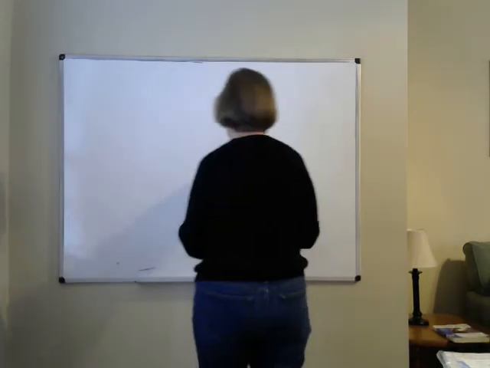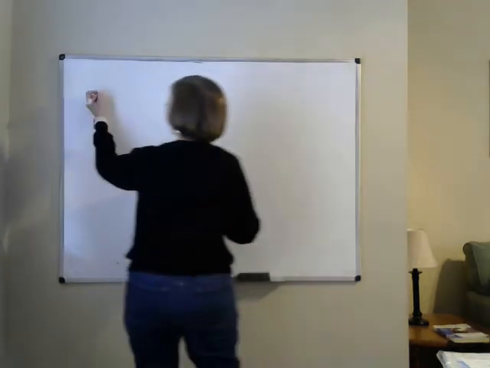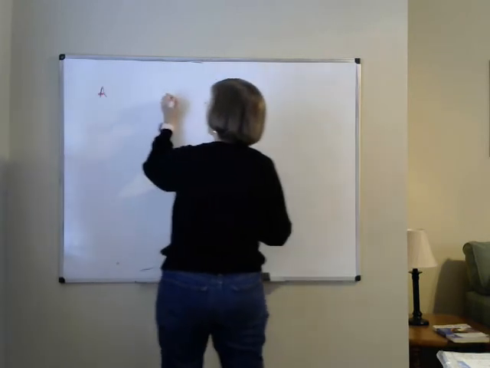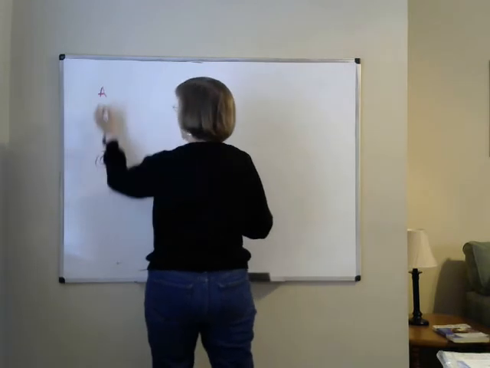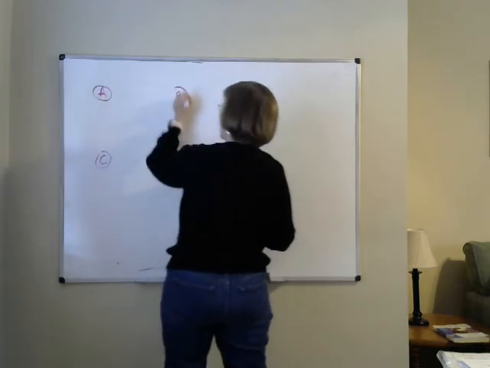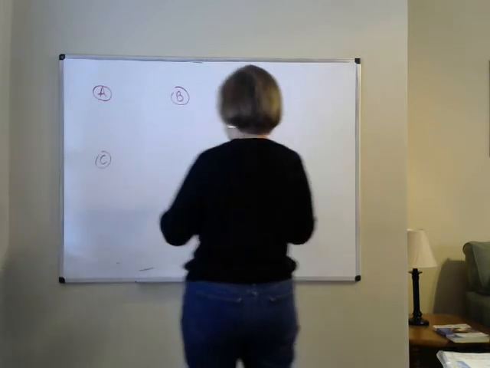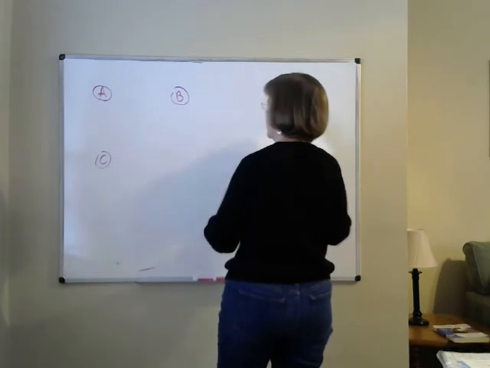I'm going to draw them in pink. I've got charge A, charge B, charge C. They're really small charged objects, all sitting at the corner of a square.